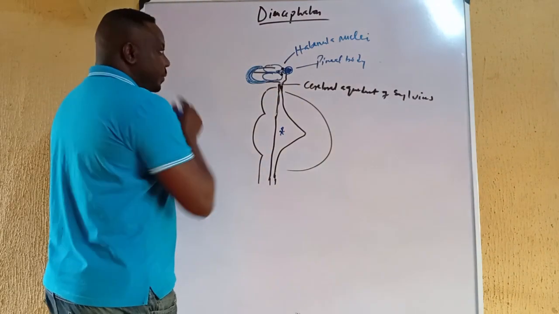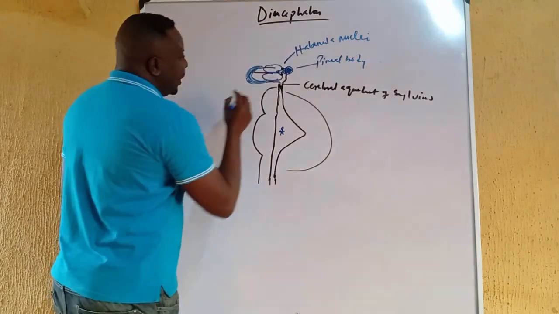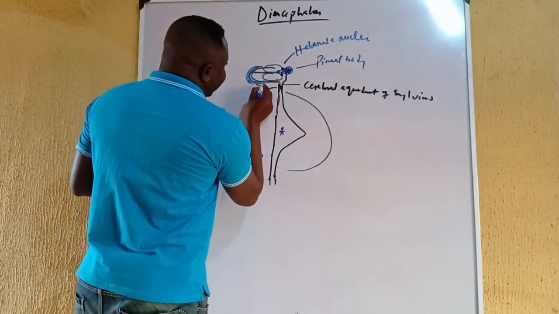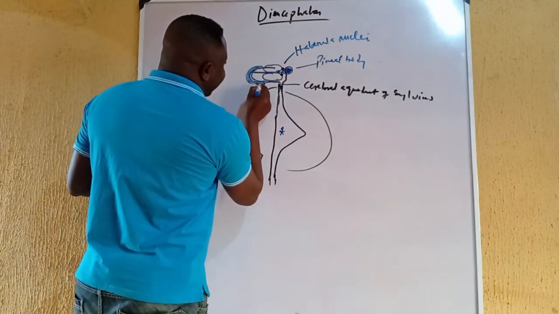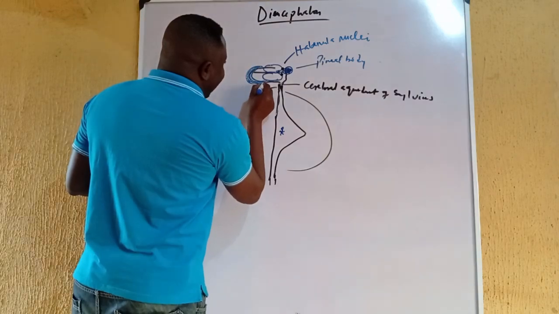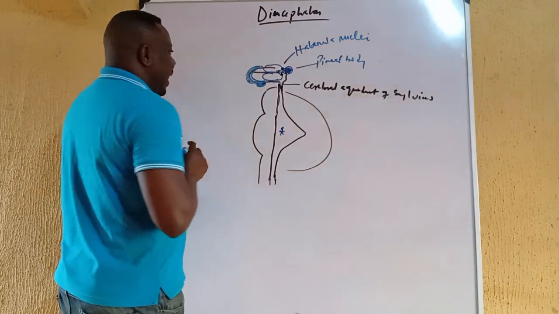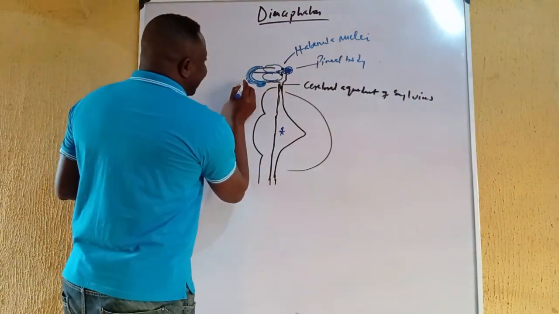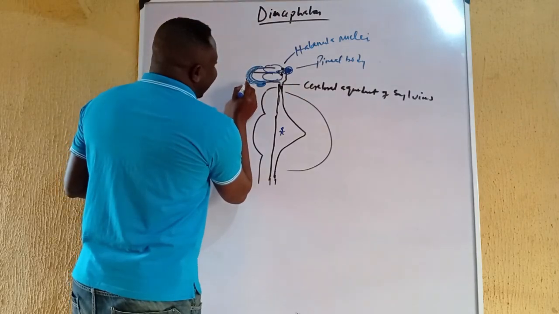And of course, the hypothalamus has a swelling that is called the mammillary body. And then it also has another swelling called the tuber cinereum.